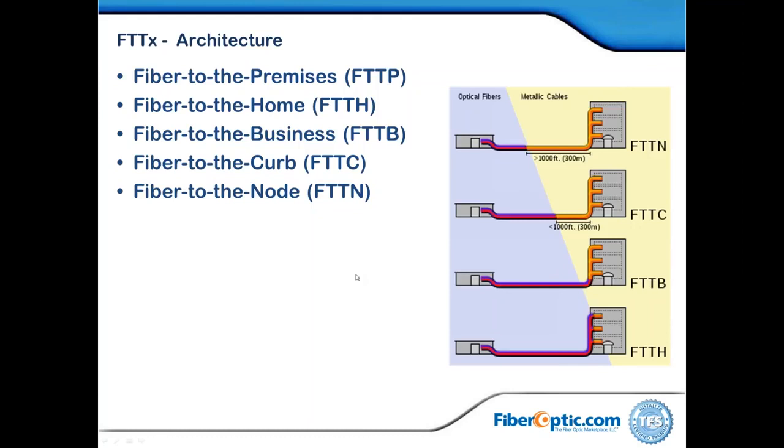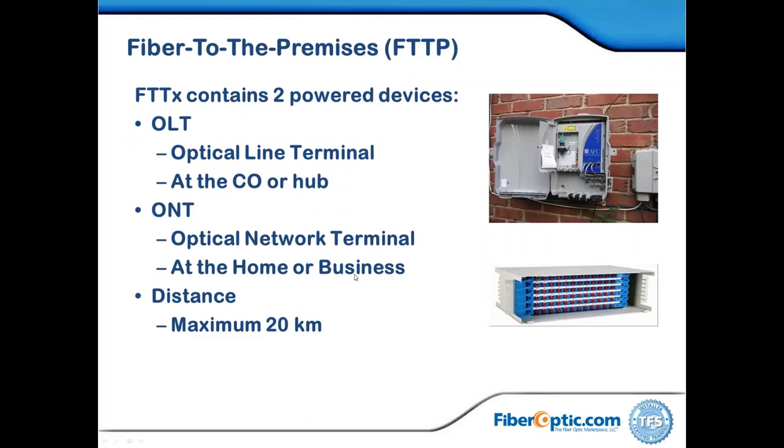Well, back here. So what does that mean? It basically means from the central office to your premises that we have no active devices. And that's what we're going to start with, a few basic powered components. One is referred to simply as the OLT, or optical line terminal, and that's at the central office. Could be at a hub, but that's at the central office. The second powered device is the actual device that's mounted on your home.